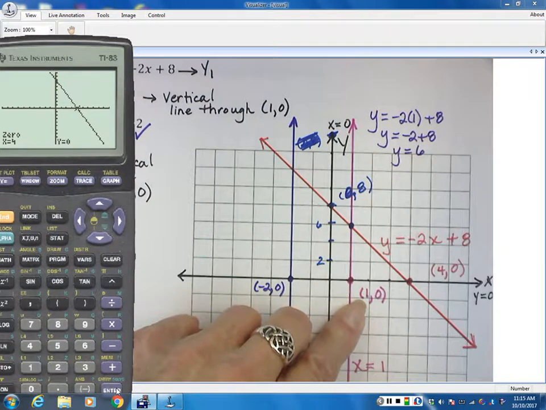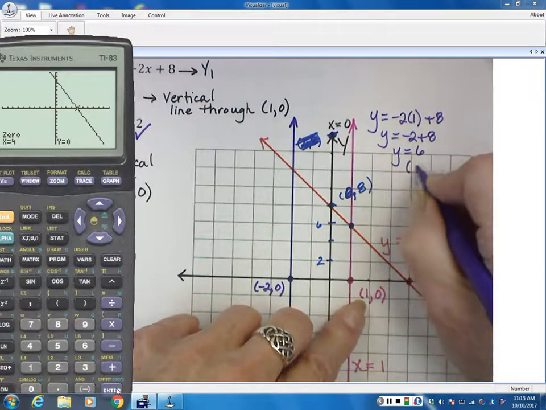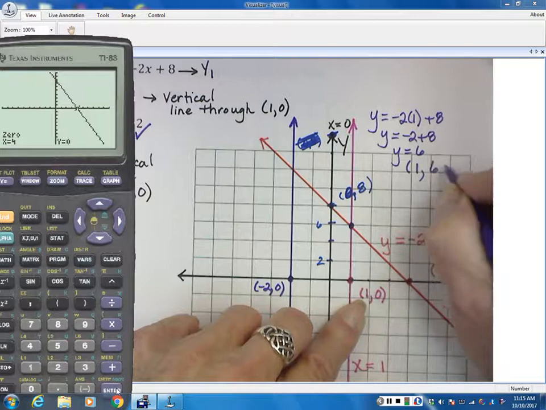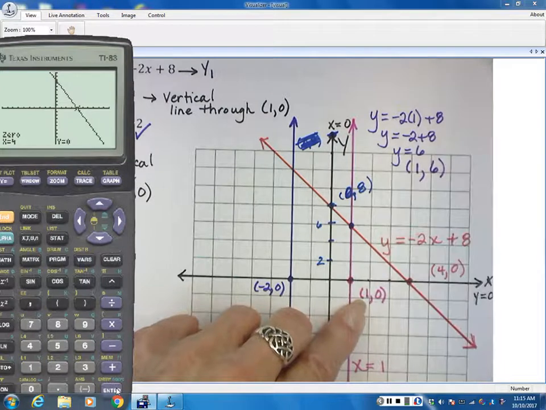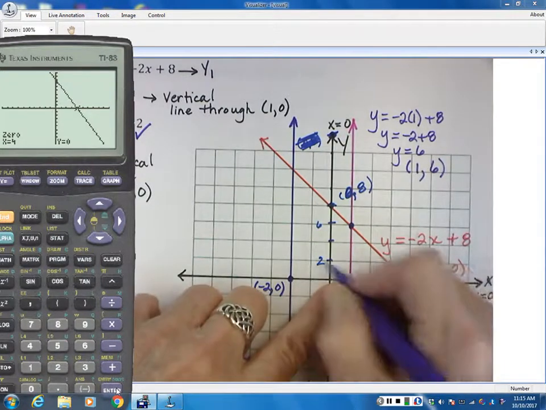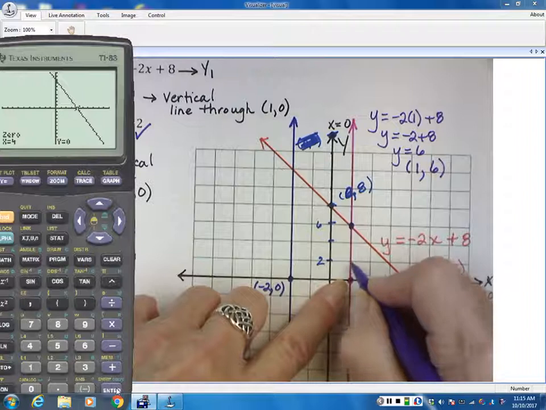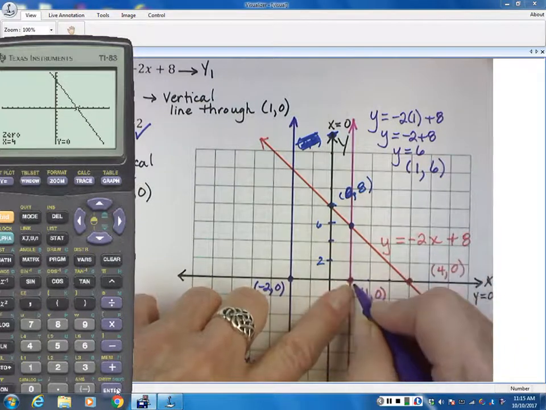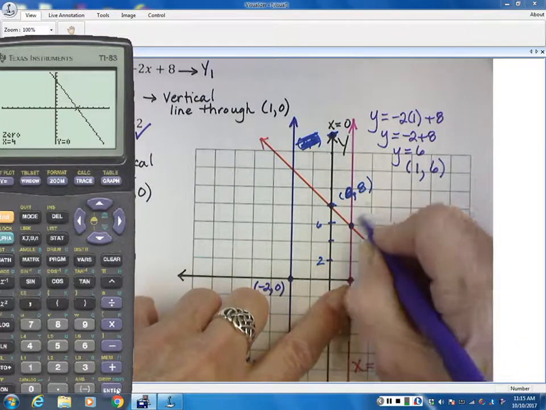So that tells us that that point is 1 for the x value and 6 for the y value. And that looks right because, remember, we're scaling this by 2, so this is 1, and then up 2, 4, 6.